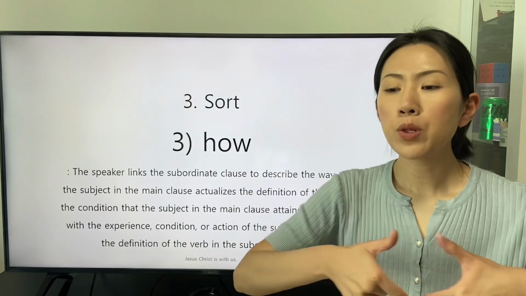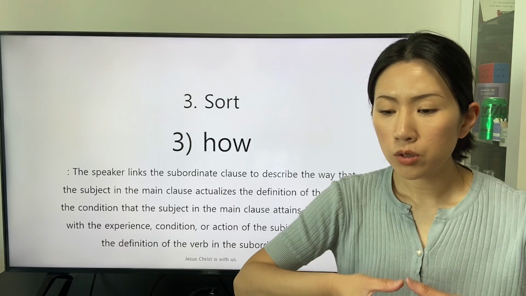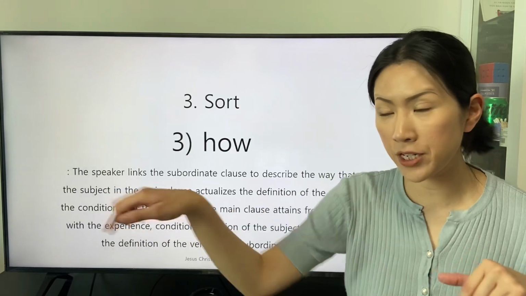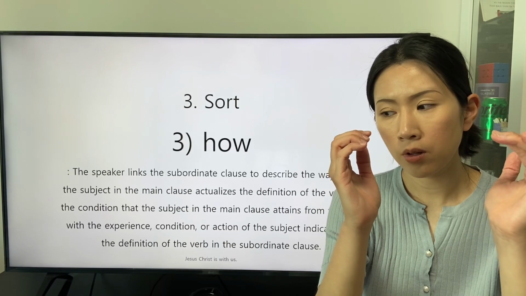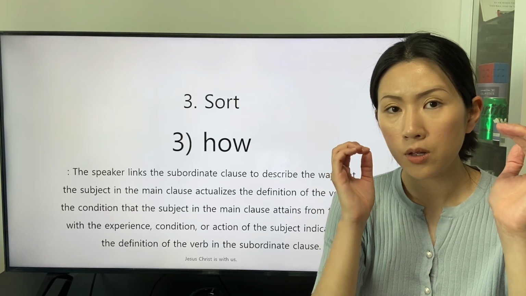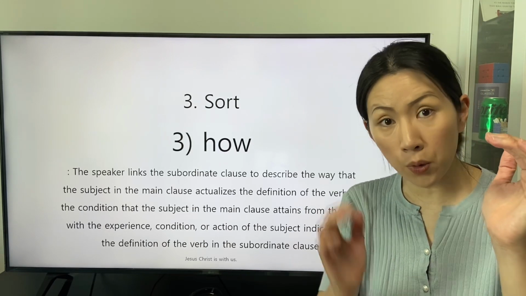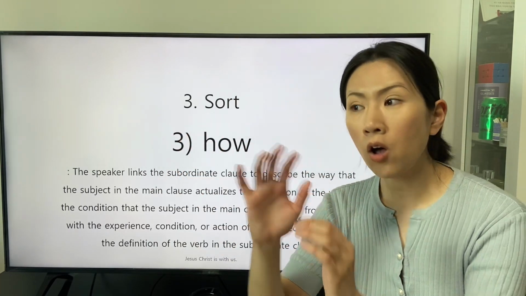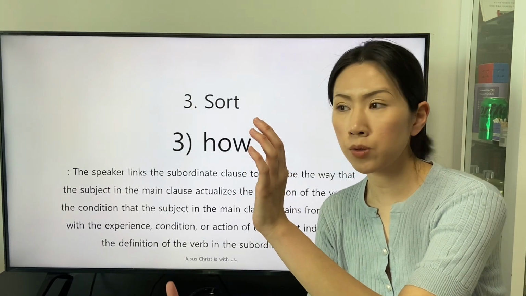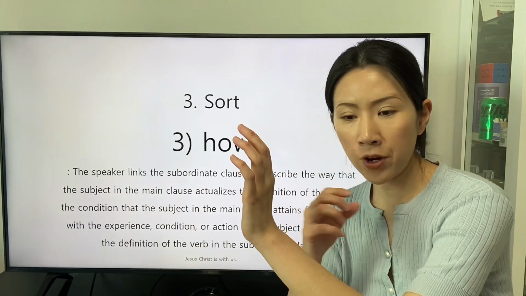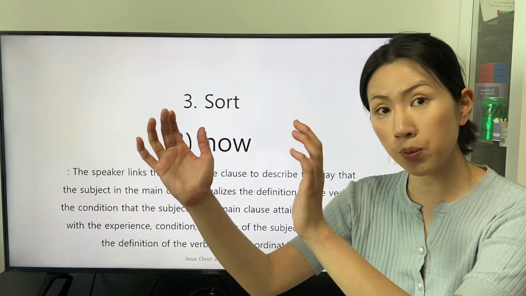In this perspective, we can understand that the relative adverb has the inclusive definition to indicate a way. In the example, the transportation to actualize the definition of the intransitive verb go leads to a condition that the subject is concluded to after the subject actualizes the definition of the intransitive verb go.